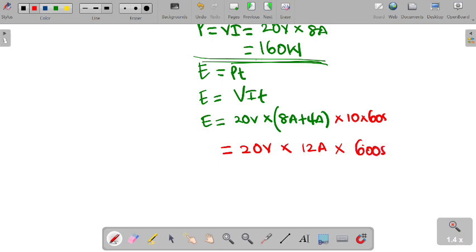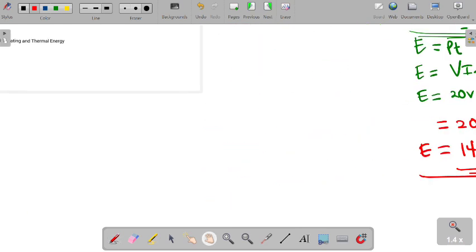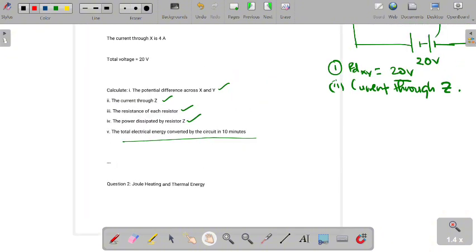So we'll do 20 times 12 times 600. That gives us 144,000 joules. That's the electrical energy that is converted by the circuit.